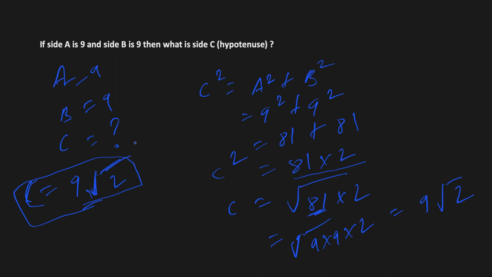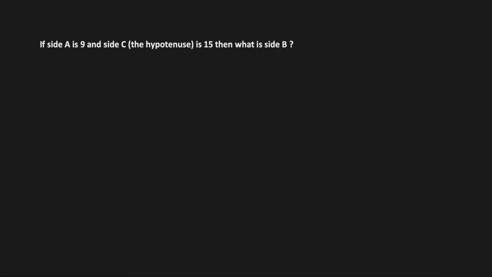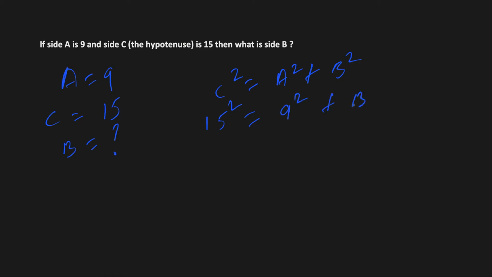Cool. Let's look at another example where a is 9, c, which is our hypotenuse, is 15, and we have to figure out what B is. Again, going with the formula, c squared equals a squared plus b squared, in this case we know what our hypotenuse is, which is 15 squared. A is 9, and B we have to figure out.